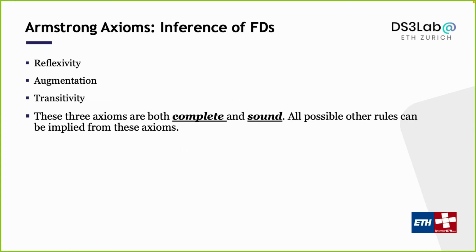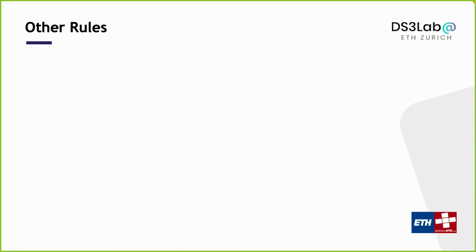This system is sound. I think I can convince you of that at least, but it's also complete. What's interesting is that once you have this inference system, you can start to derive other inference rules for functional dependencies using this axiom system. You could have the union of functional dependencies, for example.